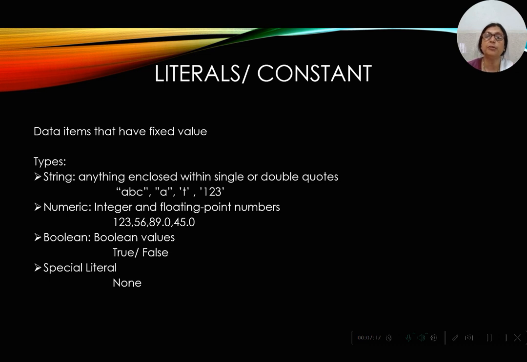We will learn about this in detail in the next lesson. Then there is the boolean literal, the truth values true or false, which are fixed. The special literal is None. Sometimes we need a null value, and in that case we can use the literal None.